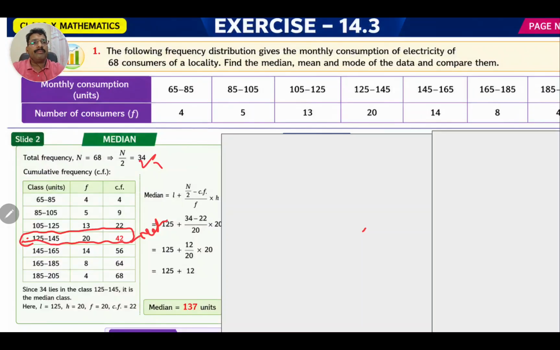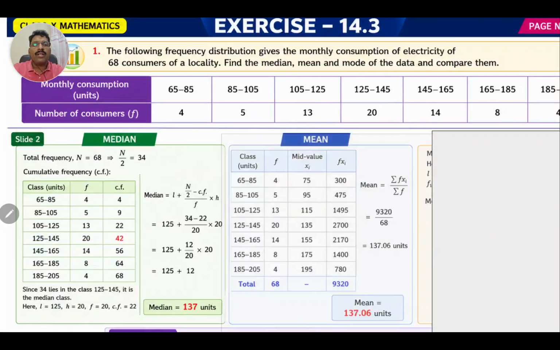Next we have to find both the mean and the mode. Mean we already know, we have done these questions many times. For xi we have to find the mid values. After getting the mid values, the product of f and xi gives this column. Summation of all fi xi gives sigma fi xi, and sigma fi, in the mean formula. Substituting the values, we get 137.06 units.